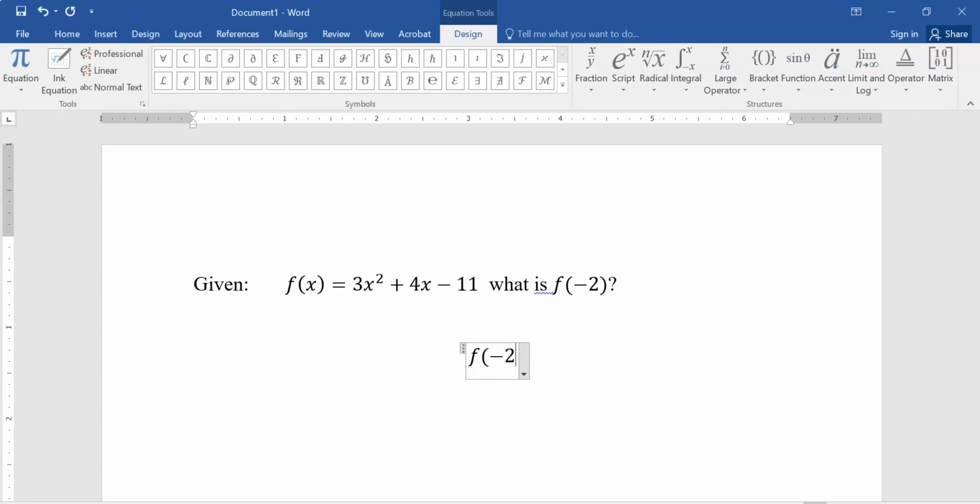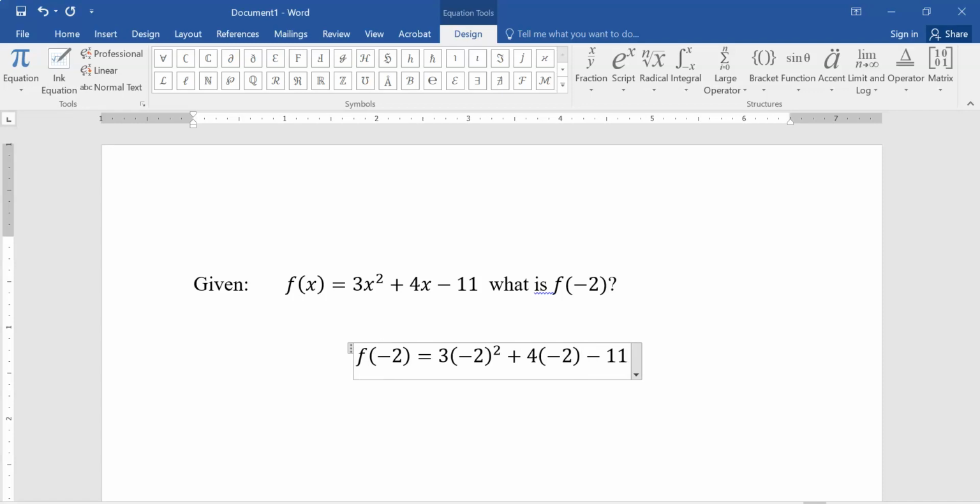Now, f of negative 2 means that you're given the input of negative 2, so plug it into this formula. So we get 3 times (negative 2) squared plus 4 multiplied times (negative 2) minus 11.